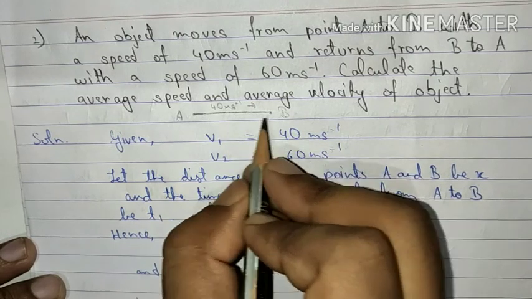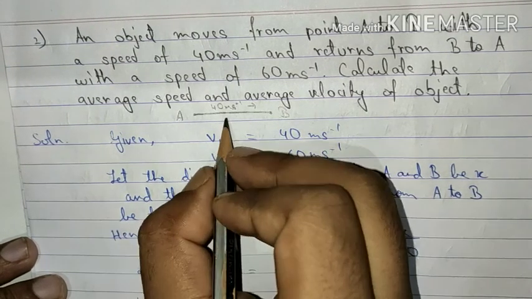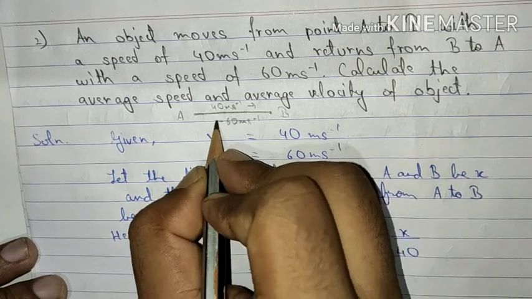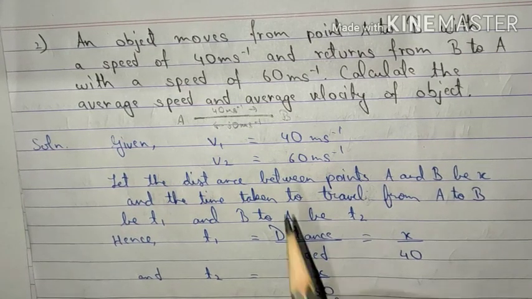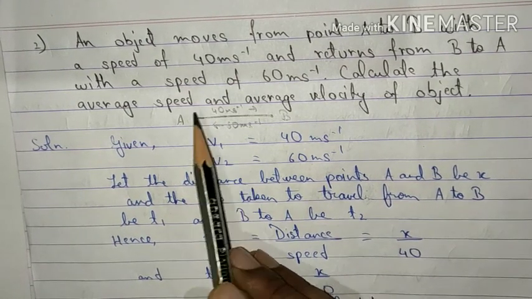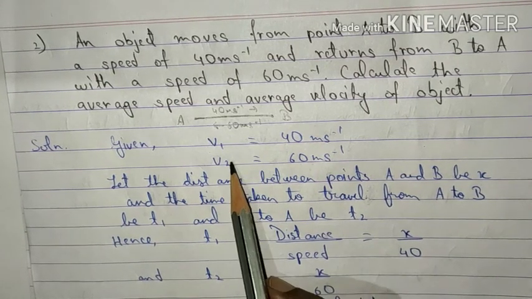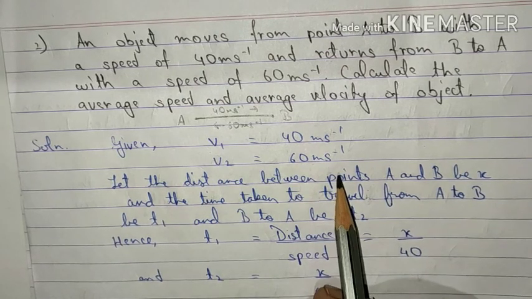Now, the object after reaching over here moves back to point A with a speed of 60 meters per second. So, what we can say over here is that the velocity for the first motion, that is from A to B, is 40 meters per second. Velocity for the second motion, that is from B to A, is 60 meters per second.